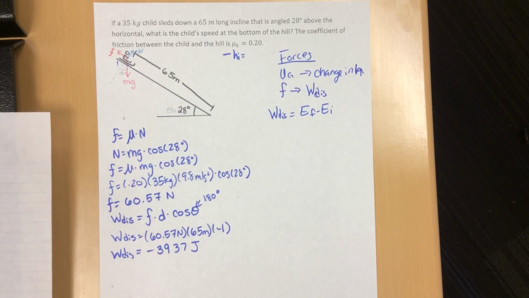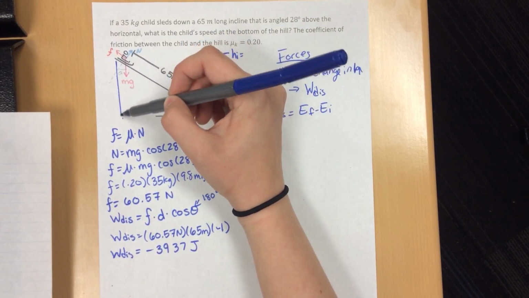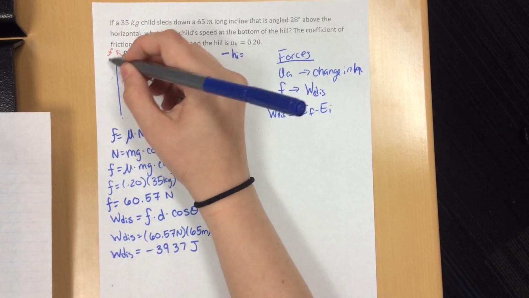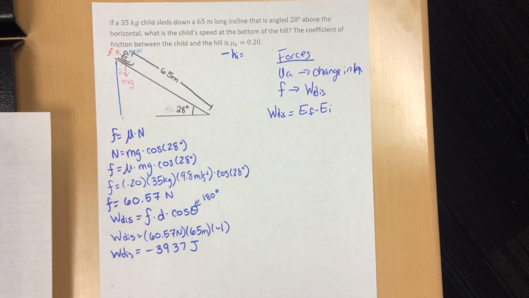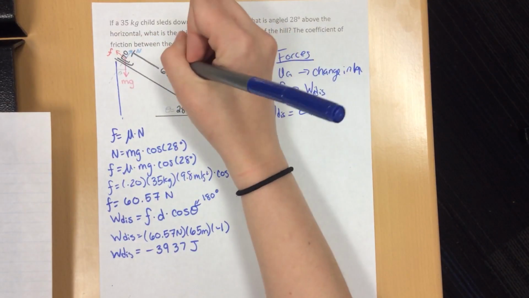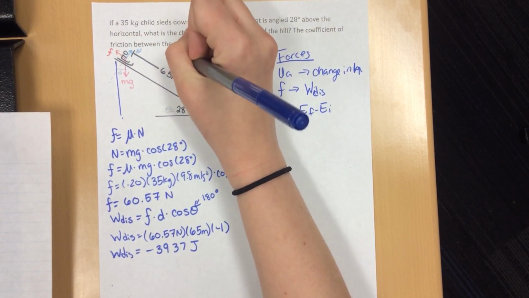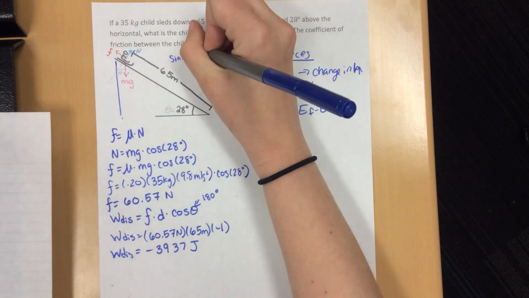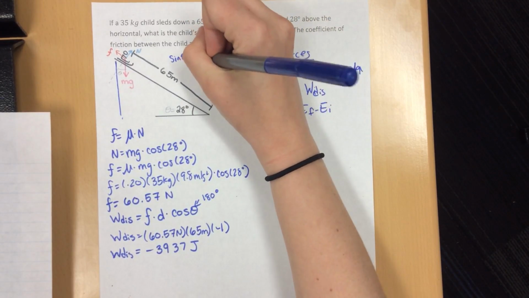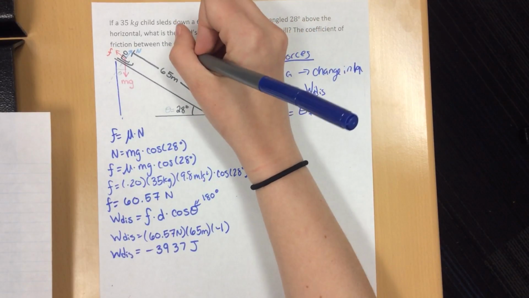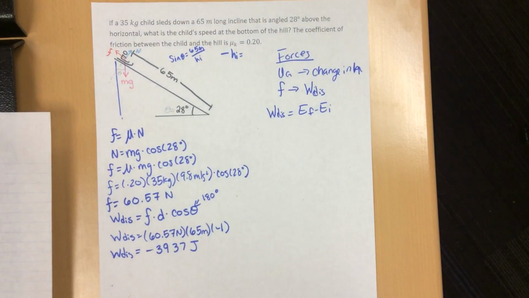We know the angle that incline is at. We can go ahead and use that to find out what is this length here. Because it's the opposite side, we are going to be looking at sine. So the sine of theta is going to equal that 65 meters divided by my initial height. Right? Remember that theta is the 28 degrees of our incline.